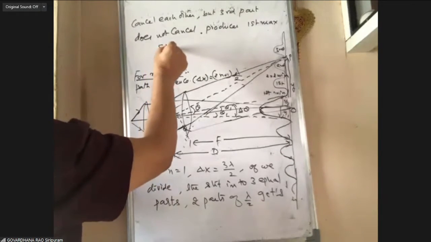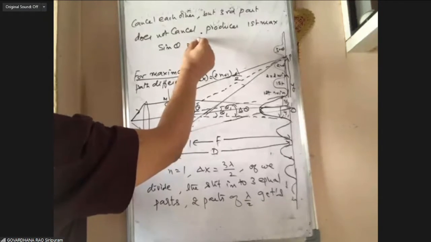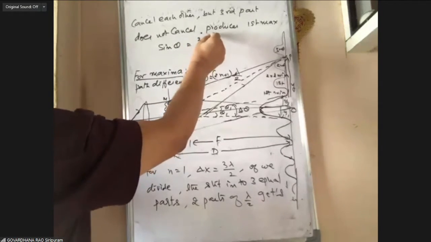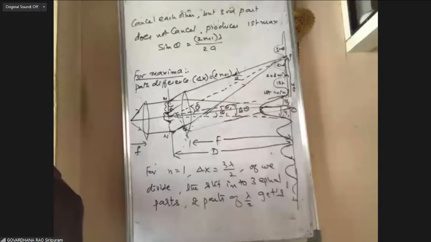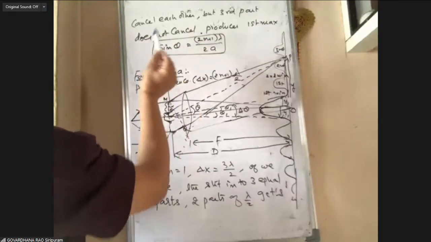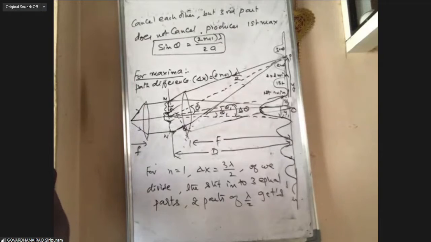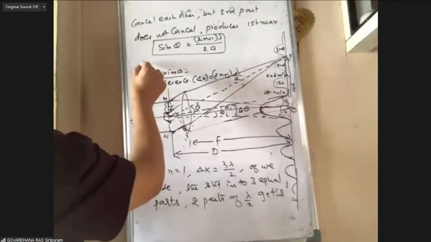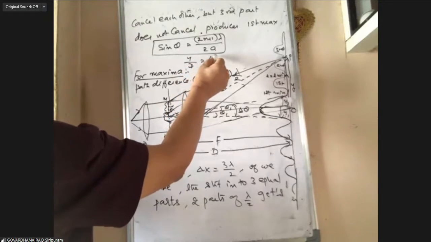Sin theta is equal to delta x, that is, (2n plus 1) into lambda by 2a. This is the angular position. So what is the linear position? For linear position, y by D equals delta x by a.